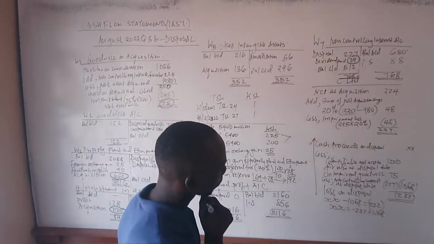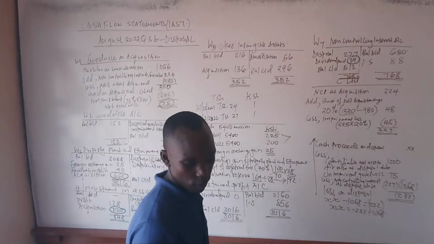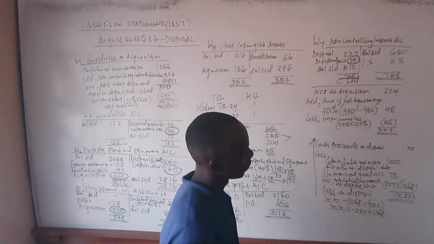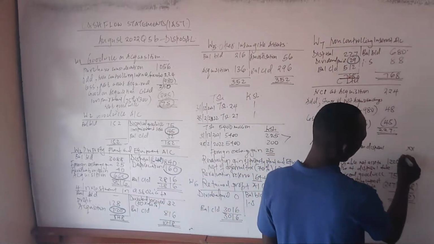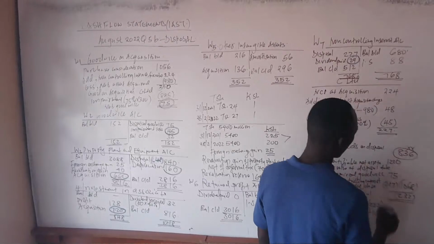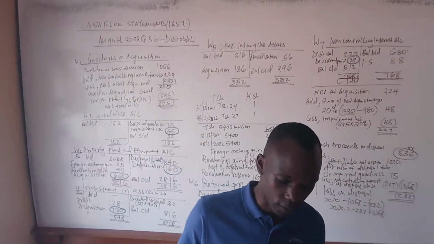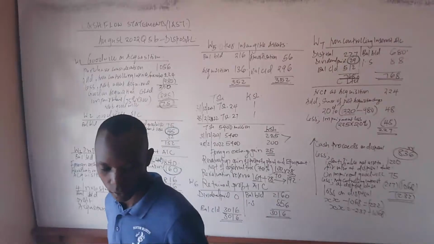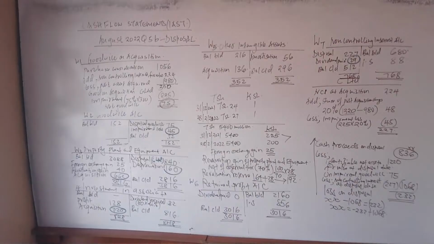Negative 232 plus 1068 gives 836. So our cash proceeds will be 836. That is how that is supposed to be computed.